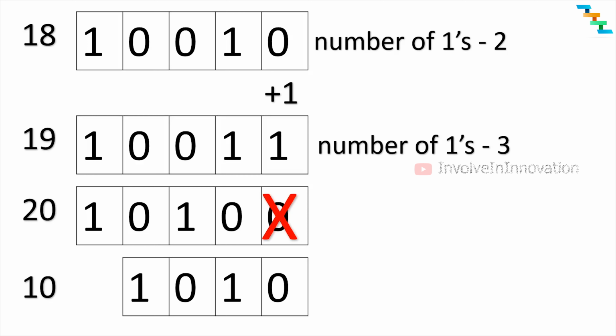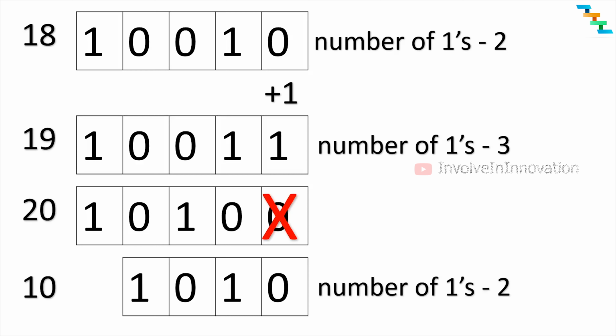In this case, the binary representation of 20 is 10100. We are not worried about the last bit, so I am doing a right shift by 1. If I do that, I get 1010, which is 10, and we have already found that there are 2 ones present in 10. So for 20, we will have 2 ones.